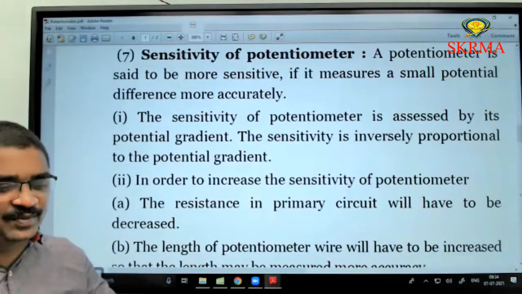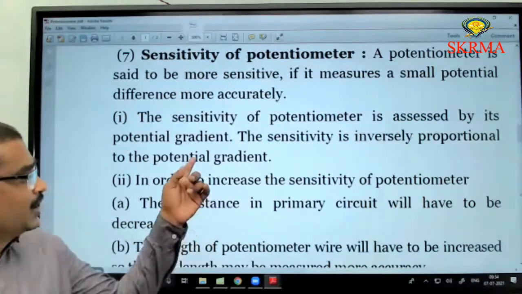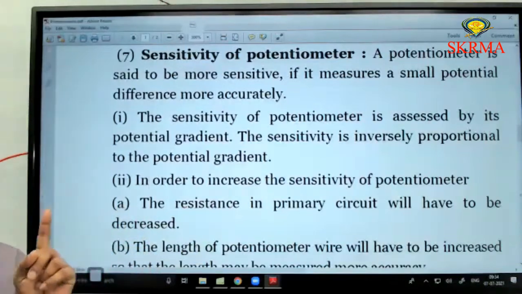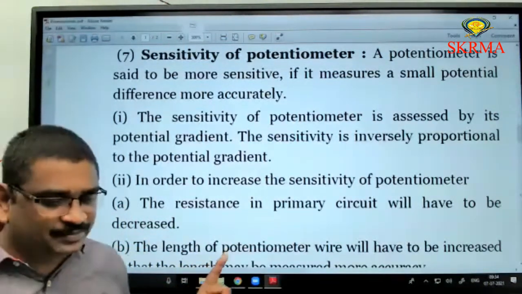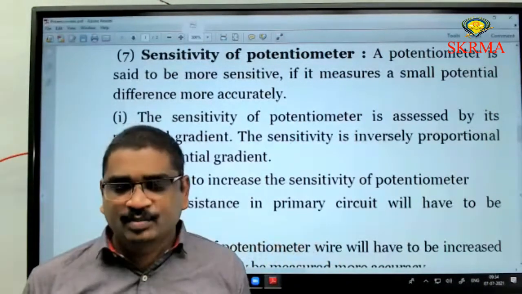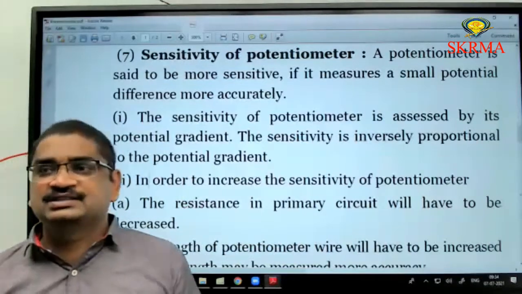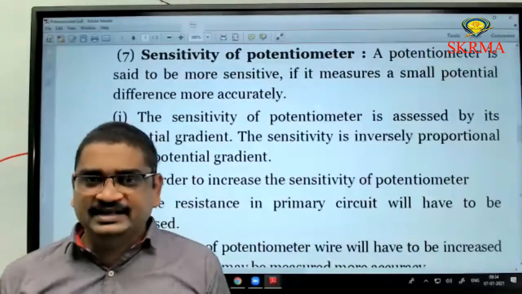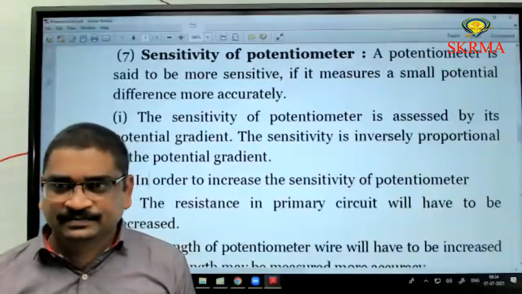Sensitivity is inversely proportional to the potential gradient. So that is the first and important point: sensitivity of the potentiometer depends on potential gradient, inversely proportional. If potential gradient is more, sensitivity is less. That is the conclusion.